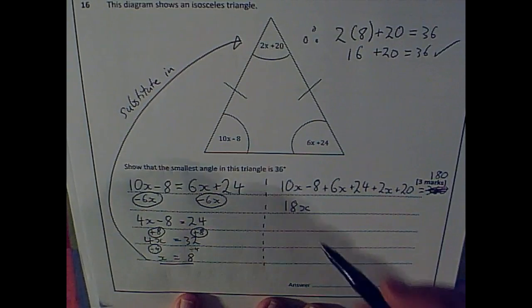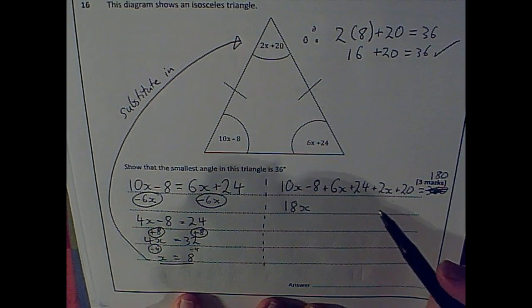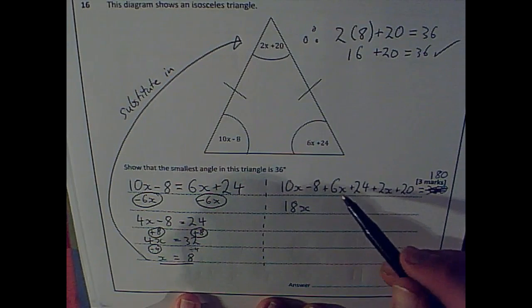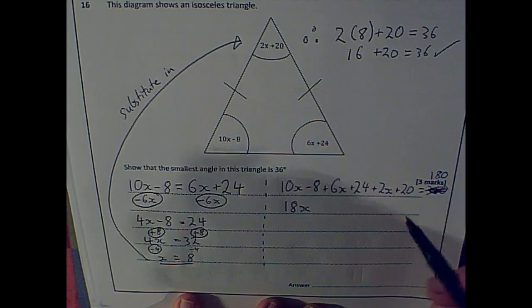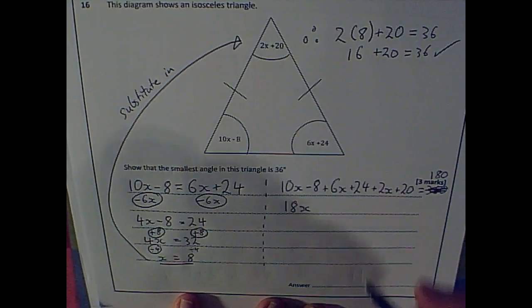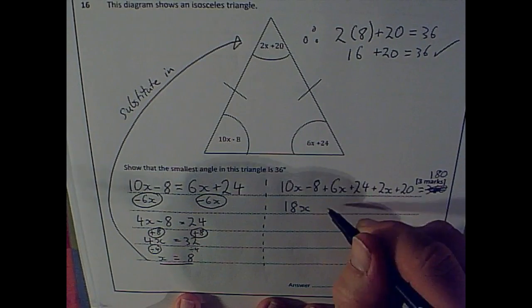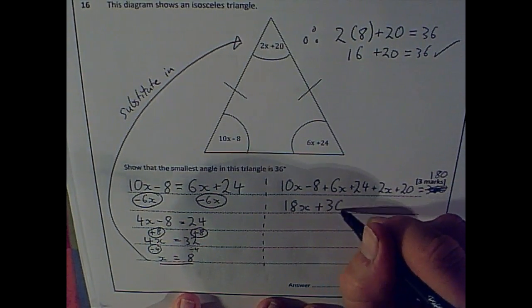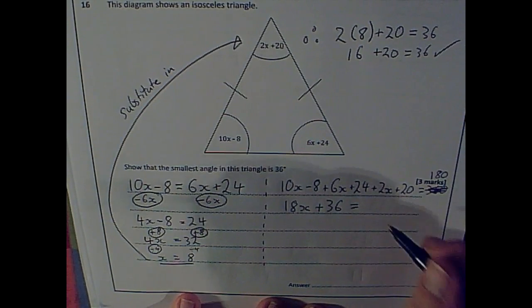Collecting my like terms, all my x terms. And then I've got minus 8 plus 24, so I'm now on plus 16. So minus 8 plus 24 plus 20 equals 36. So 18x plus 36 equals 180.